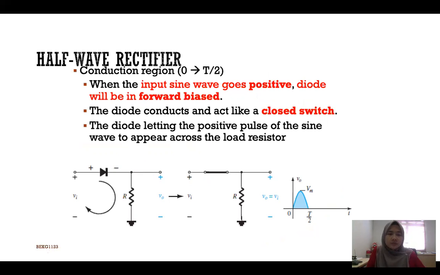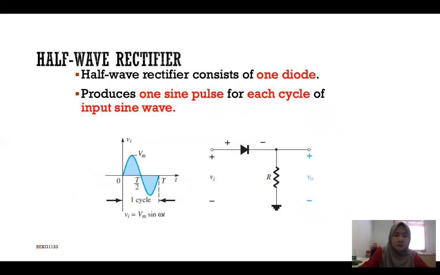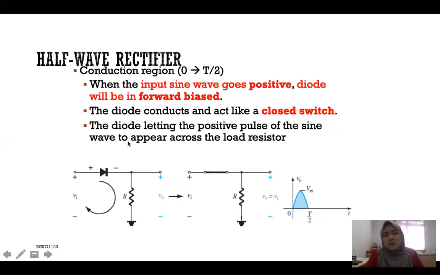So now let's see how a half wave rectifier works. First we divide it into two regions. The first part we call the conduction region, from time 0 to time T over 2. We call this the conduction region or the forward bias.